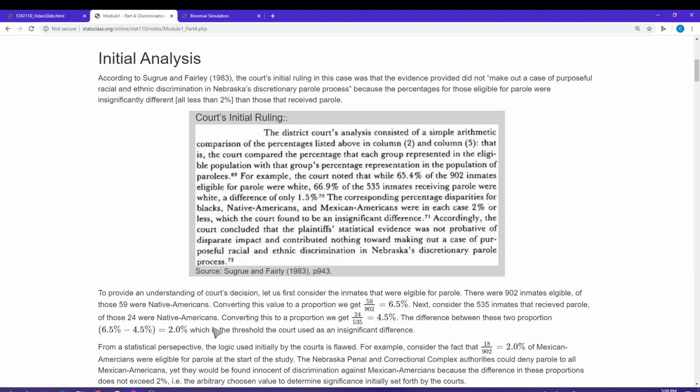Now, when we're looking at this, the Native Americans were 2% below what they should have been. There were a total of 6.5% that were eligible for parole, but only 4.5% got parole. So they're 2% below what it should have been, whereas whites were 1.5% above what they should have been.